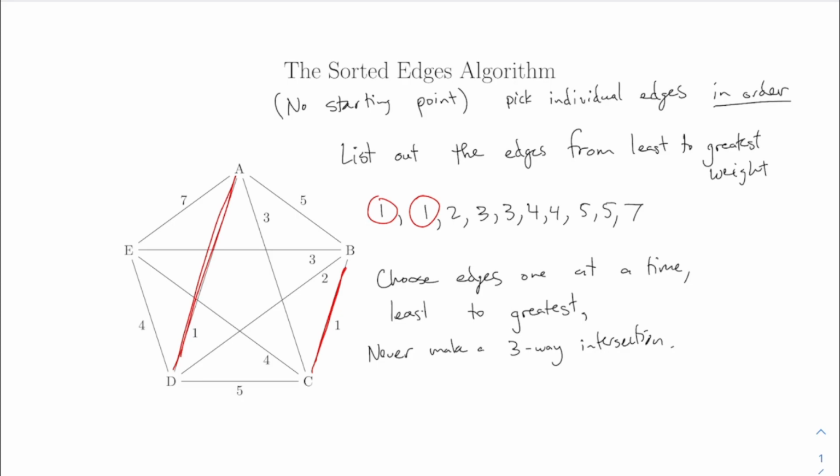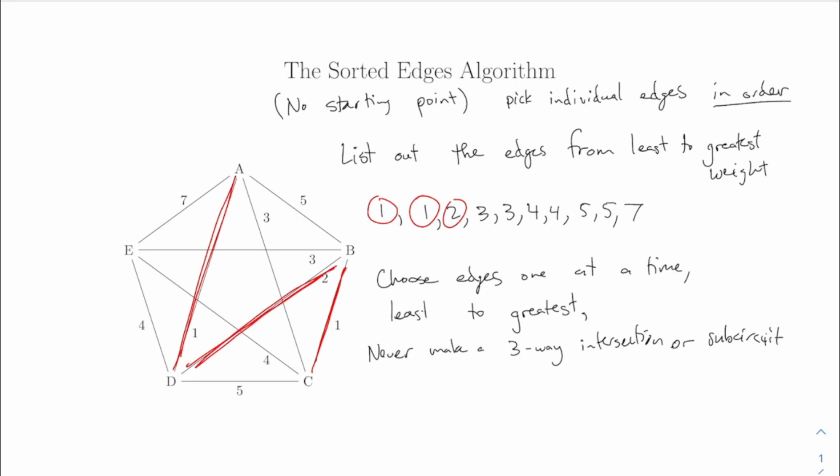Am I allowed to use the 2 at this point? The 2 goes like this. I think that one is legal. If I include the 2, it does not make a three-way intersection. It also does not make a sub-circuit. Never make a three-way intersection or sub-circuit. Sub-circuit means finishing up your circuit before you got to every vertex. So I do choose the 2. I'll circle that.